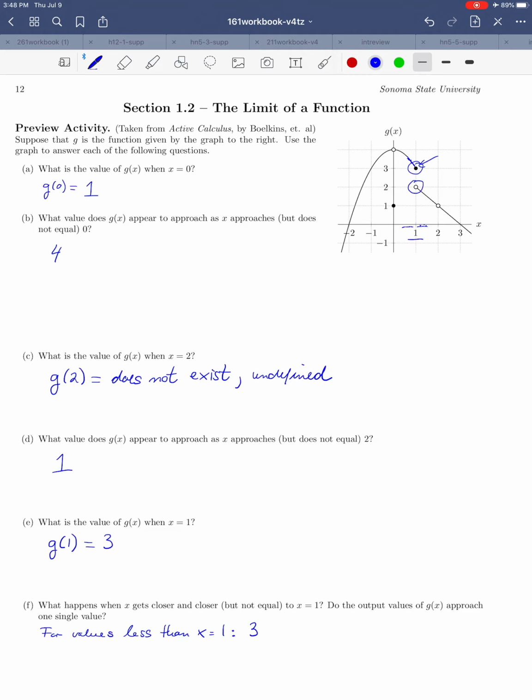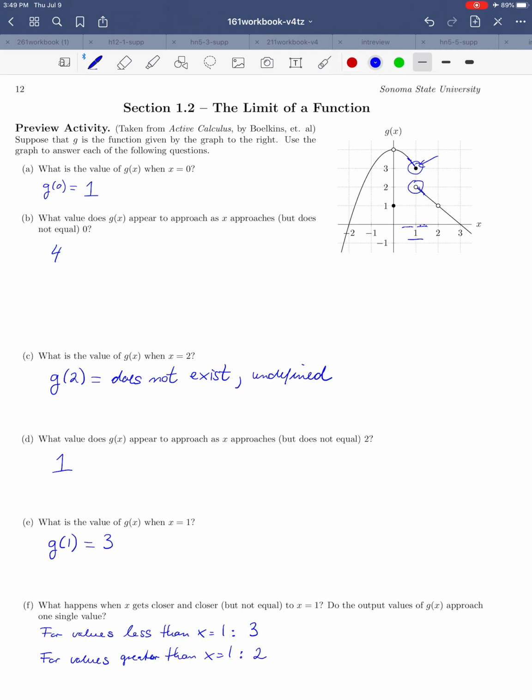And for values greater than 1, let's go back to the graph, we are over here on the right side of the graph, on that right branch, and as x approaches 1, we are getting closer and closer to 2. So for values greater than x equals 1, we are approaching 2.